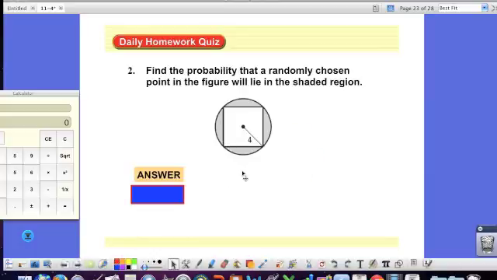Find the probability that a randomly chosen point in the figure will lie in the shaded region. So if this is 4, okay, this is a square and that's a circle, and that's 4, okay? So this is going to be 4 radical 2.